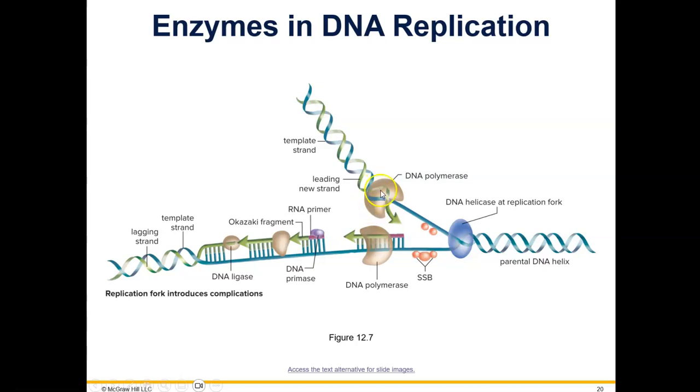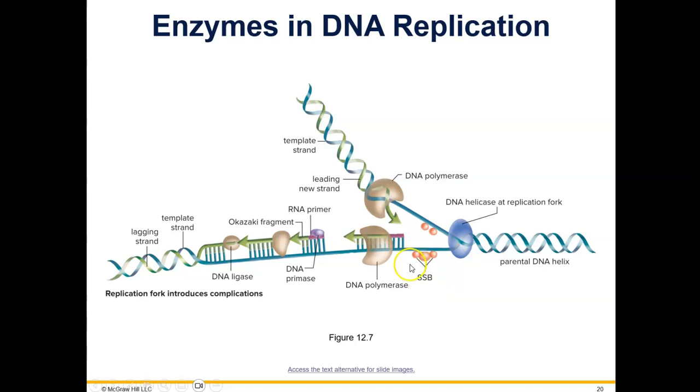It replicates the leading strand by adding nucleotides that are complementary to the parental strand, one after another, until that piece of DNA is replicated. But the other strand, called the lagging strand, is replicated in little pieces of DNA called Okazaki fragments.